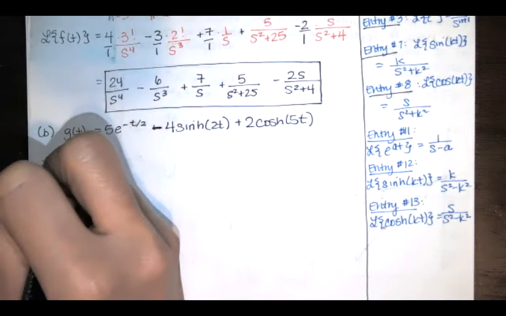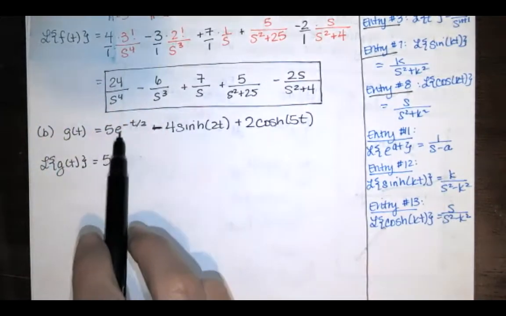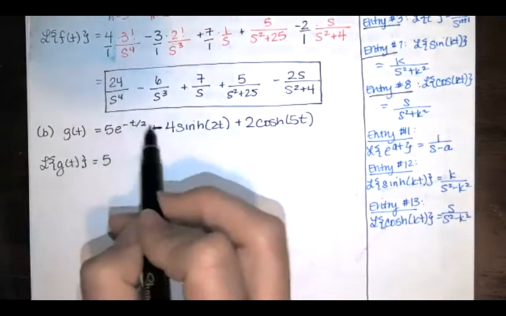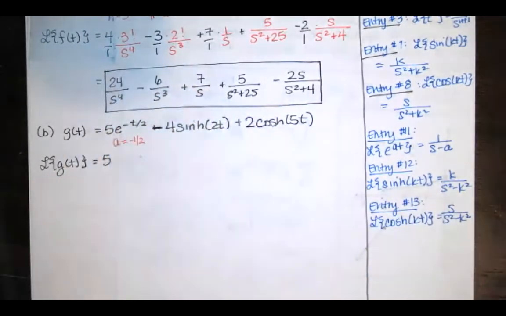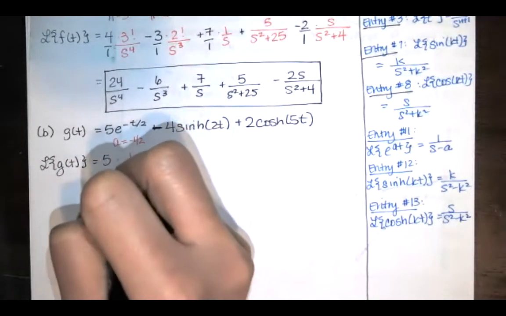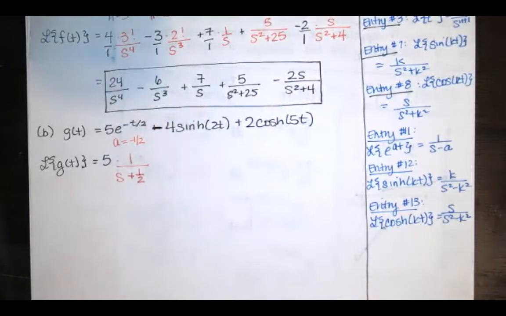So the Laplace transform of g of t is 5 times the Laplace transform of e to the at. Matching that pattern, the number multiplying the t here is a negative 1/2. So we have 1 over s minus a negative 1/2, so that's s plus 1/2 times our 5.